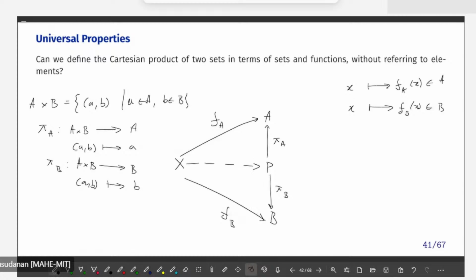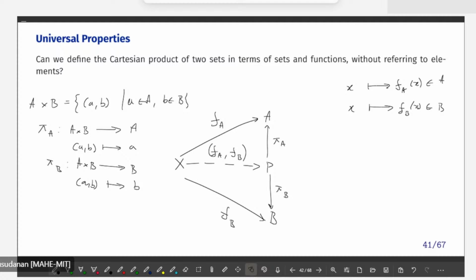What function? I'll call it FA comma FB. But what should it do? In the final definition, I won't say what it does; I'll just say there exists one.